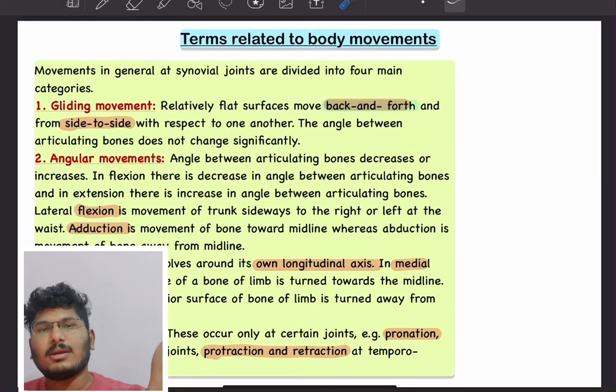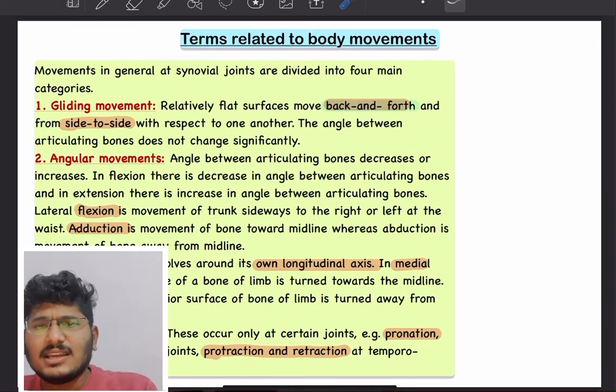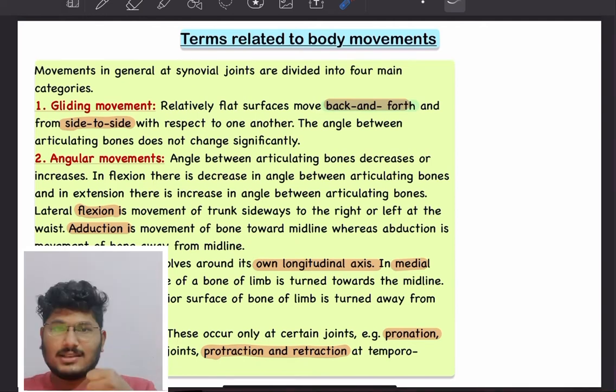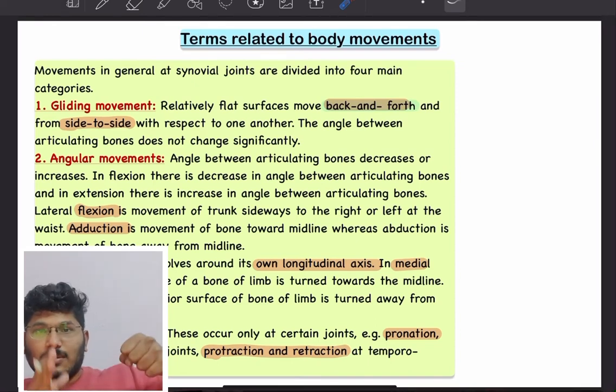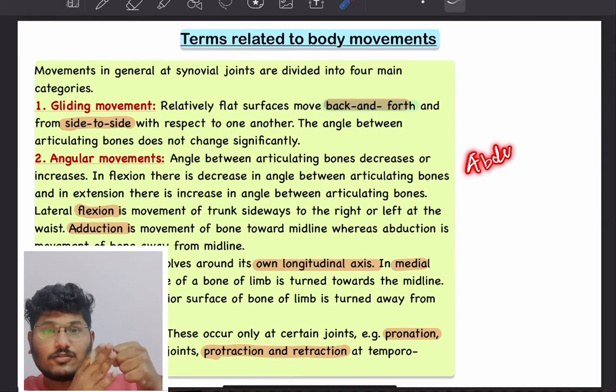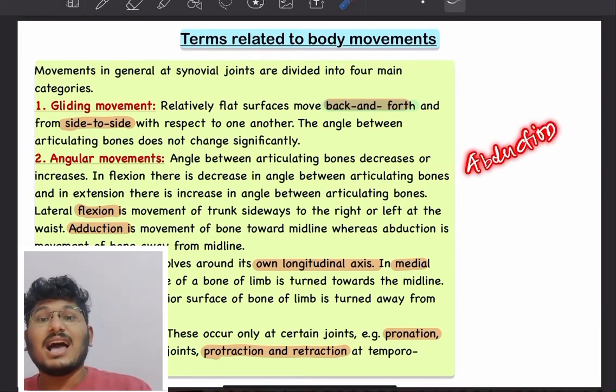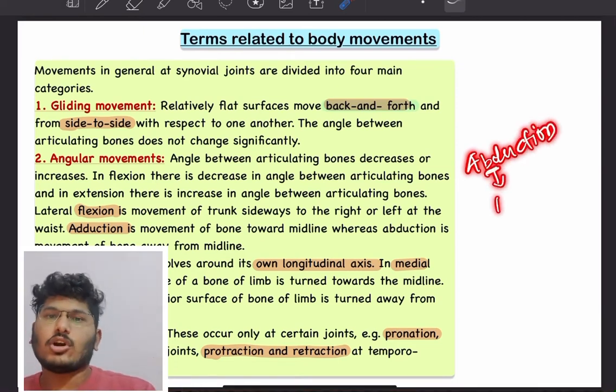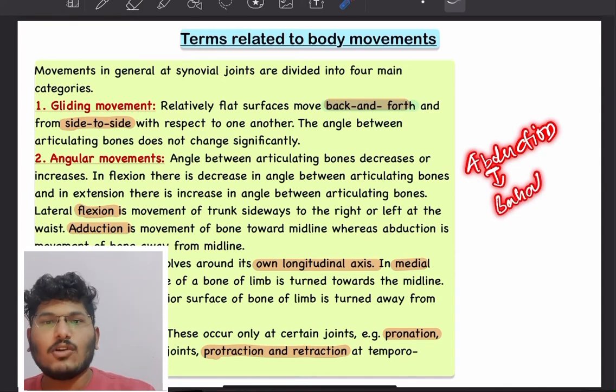Similarly, in the wrist joint also there is abduction and adduction, and we can see this in the lower limb too: abduction and adduction of the hip joint. Movement of the thigh away from the midline is called abduction. Movement of the thigh towards the midline is called adduction at the level of the hip joint.